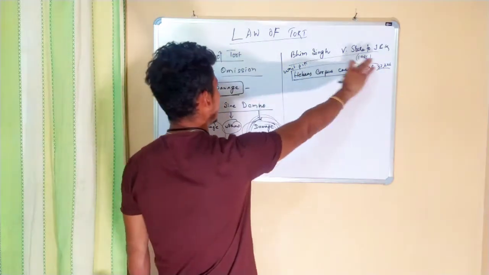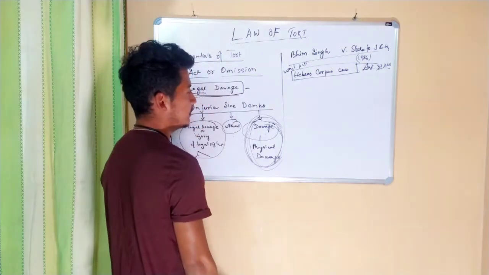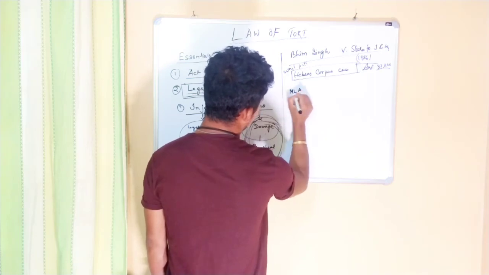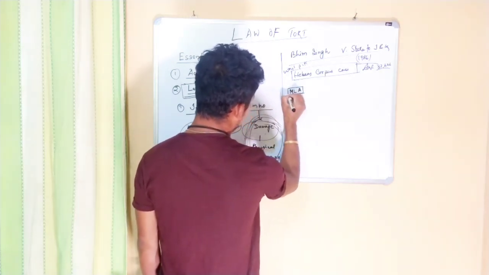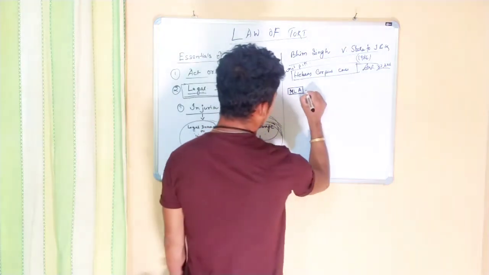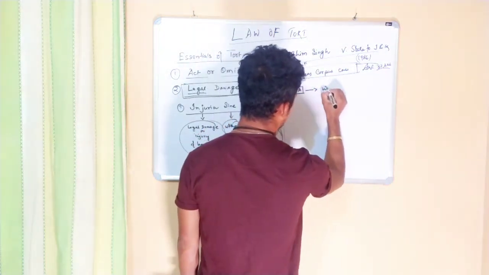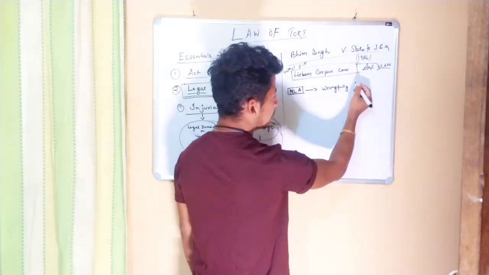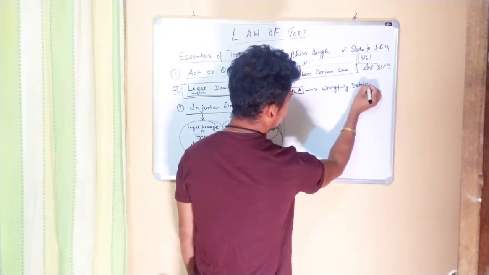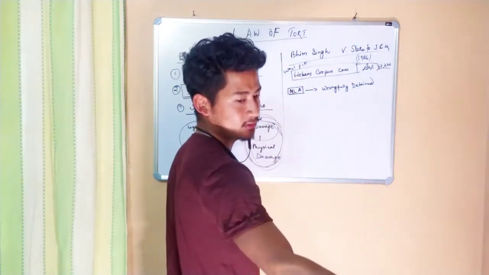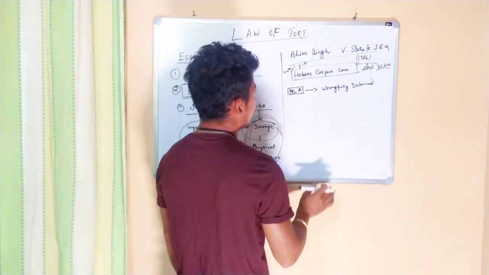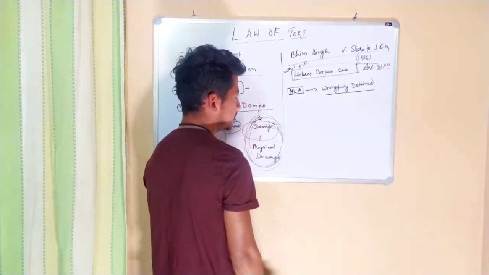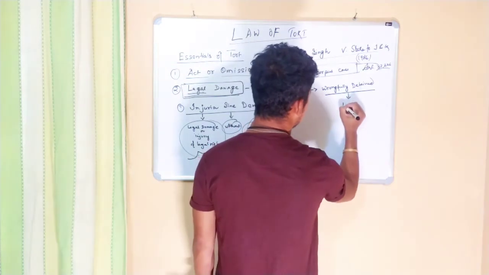So in the case of Bhim Singh versus State of Jammu and Kashmir, what happened? There was an MLA who was being wrongfully detained by the police.